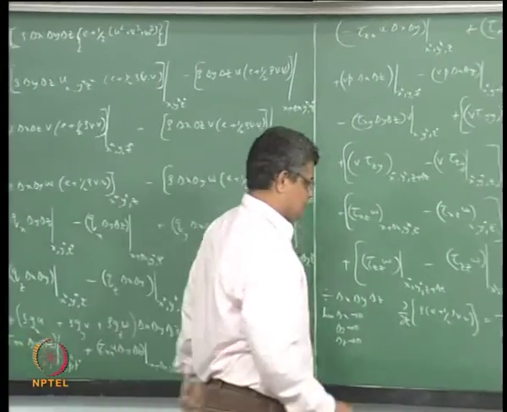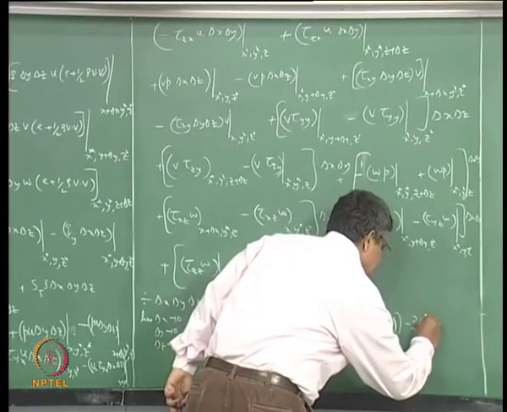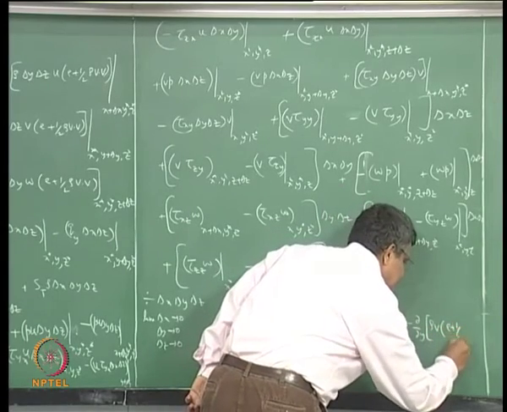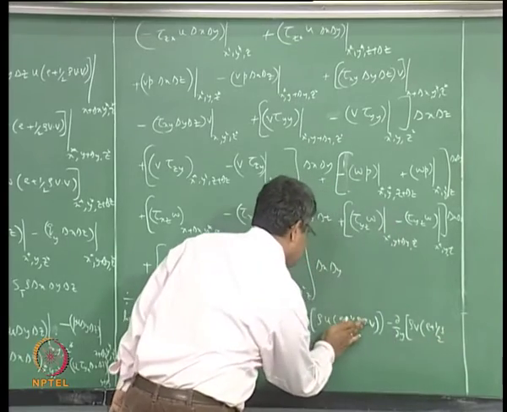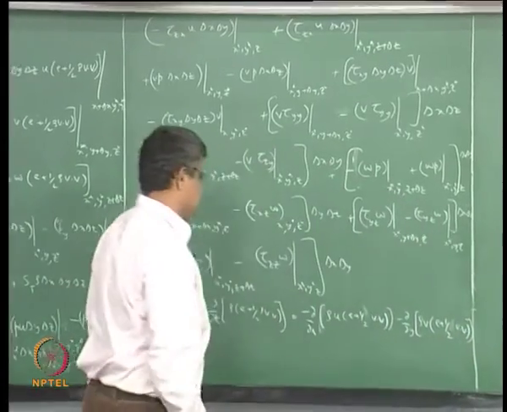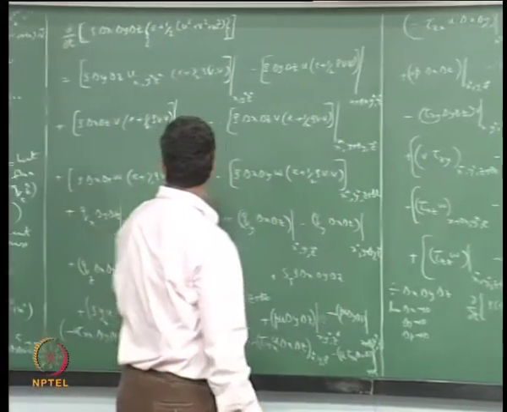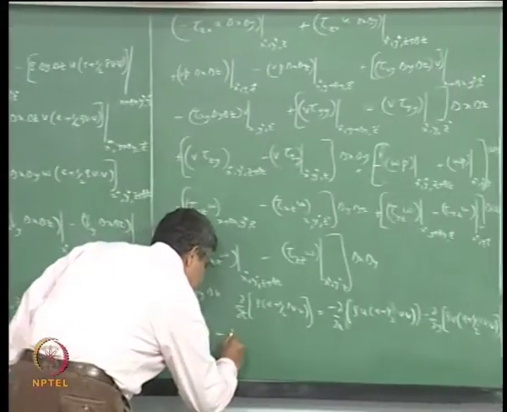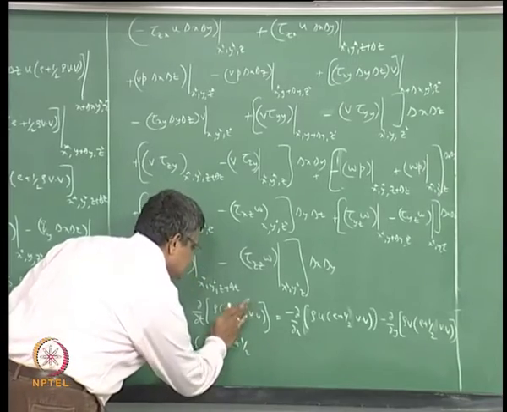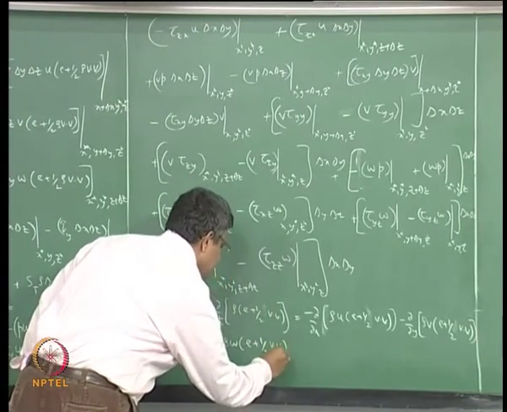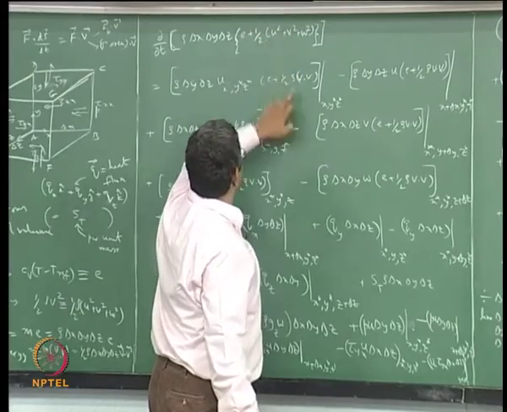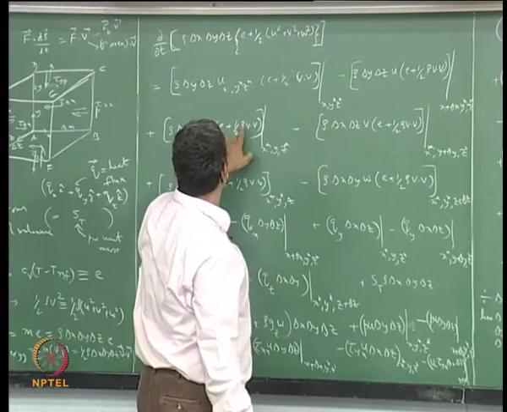V dot V, and these two will give us similarly minus dou by dou y of rho V times E plus half V dot V, and these two will give us minus dou by dou z of rho W times E plus half V dot V. I think we have put an extra rho in these things that should not be there.